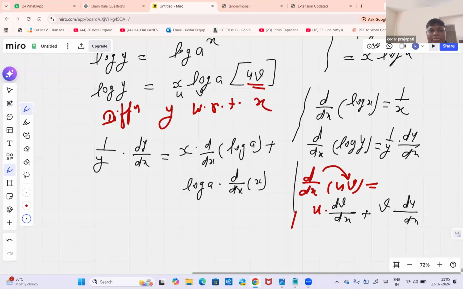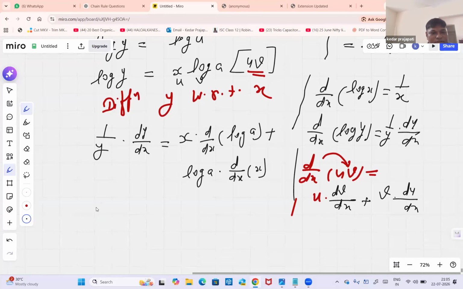Now I'm not worried about the left hand side, I'm worried about this: x into d by dx of log a.